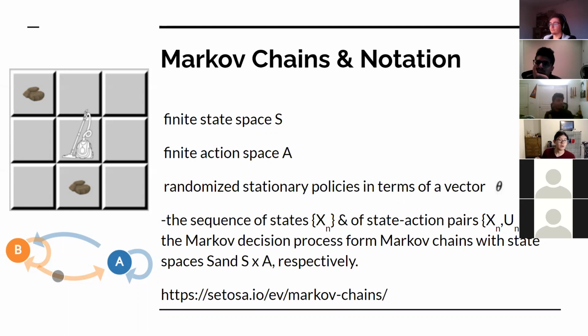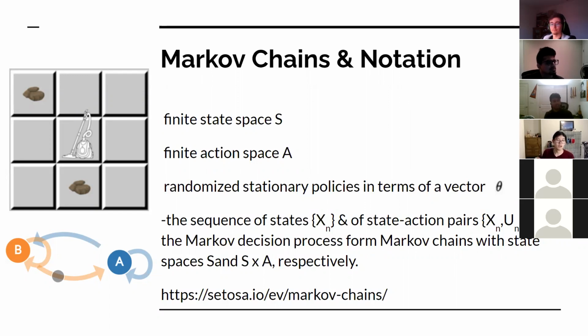And then with that, because it is in a finite state, you can have a better initial number of elements of the matrices, where you can go from I of columns and I of rows. And so overall, the notation that the paper uses is the sequence of states, which is denoted by x, so x0 all the way to xn, and state pairs of u, which are the actions.